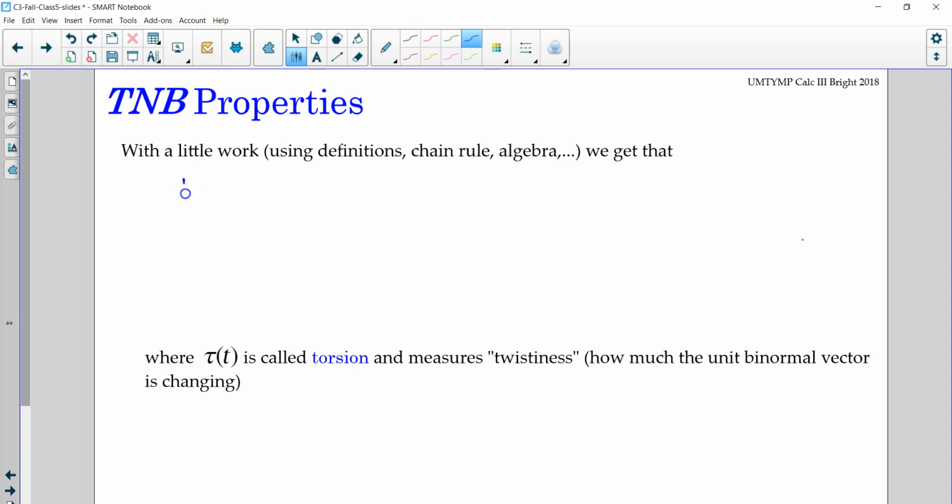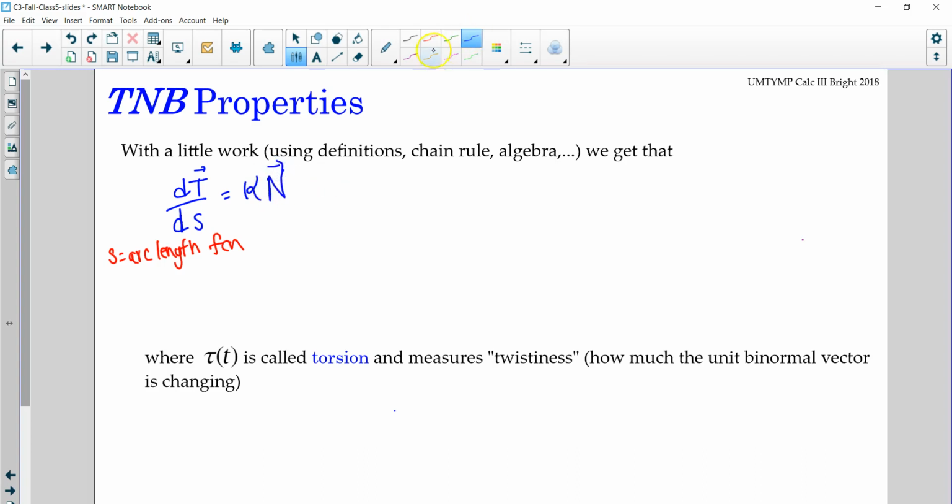If I look at the derivative of the unit tangent vector with respect to S, remember that S is that arc length function, what this ends up being is the curvature, kappa, times the normal vector.